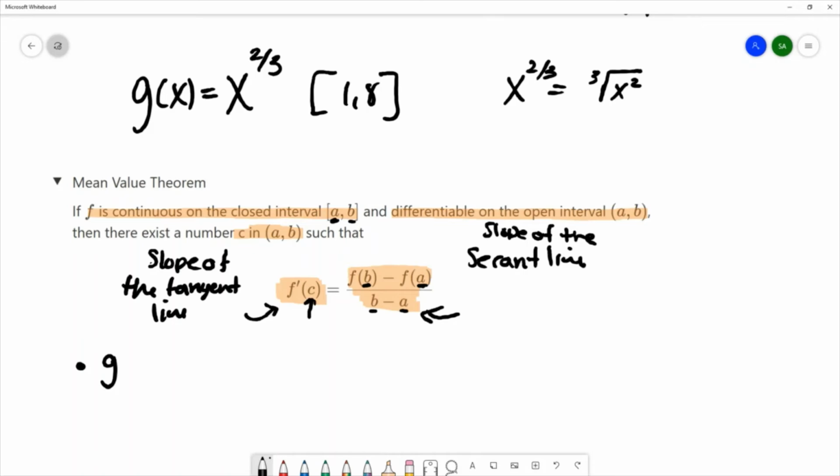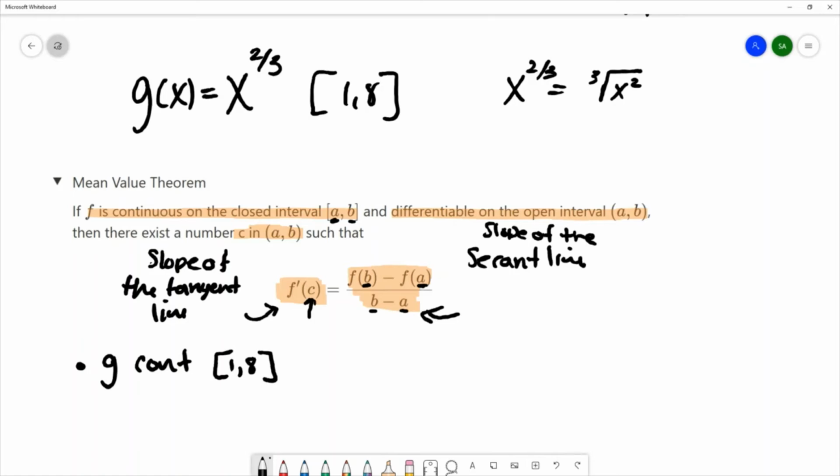And I know that the domain of an odd radical function is all real numbers, and that we will have a continuous function on the domain. So because the domain is all real numbers for this function, the function will also be continuous over all real numbers. So certainly, since it's continuous over all real numbers, it will be continuous on the interval that we're interested in, which is from 1 to 8.